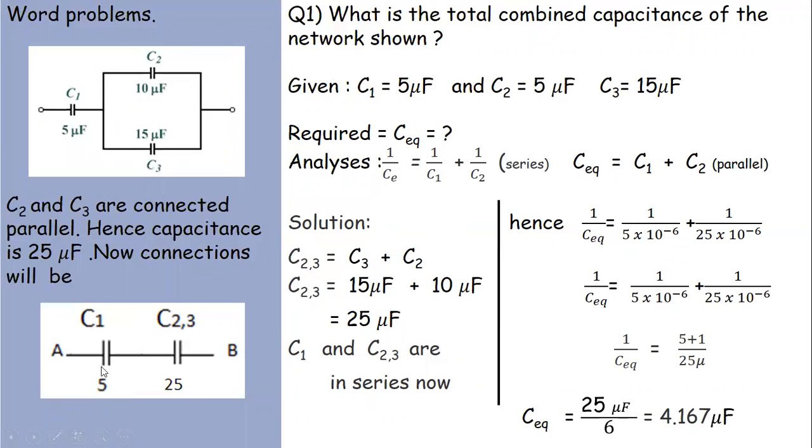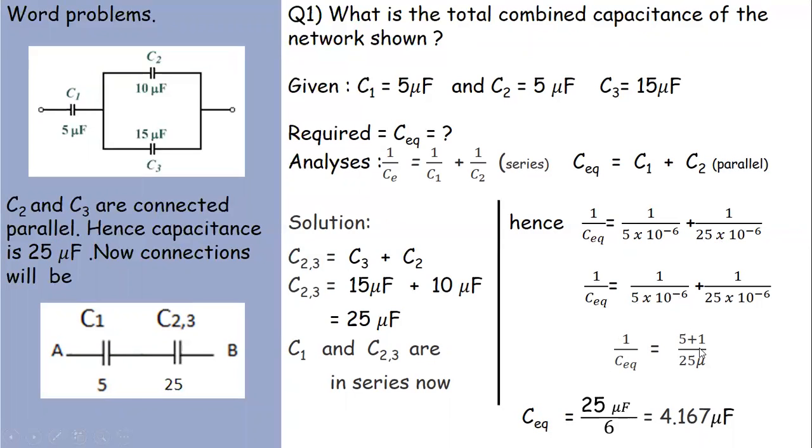Now we are going to find the equivalent capacitance of these two capacitors, and we know when they are in series, the formula is 1 upon CE is equal to 1 upon C1 plus 1 upon C2. So you replace the values: 1 upon 5 into 10 power minus 6 plus 1 upon 25 into 10 power minus 6 farad.